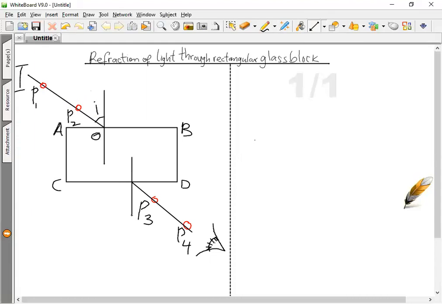Now, when that is done, we call this angle the angle of emergence, E. That is your angle of emergence. We call it E. Let me just write it somewhere here.